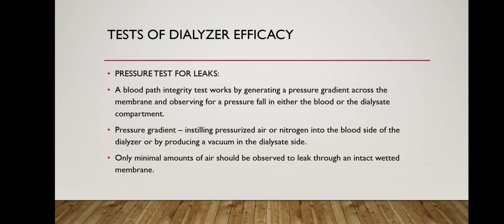To create the pressure gradient, pressurized air or nitrogen is instilled into the blood side of the dialyzer while producing a vacuum in the dialysate side. Only a minimal amount of air should be observed to leak through an inactivated membrane.